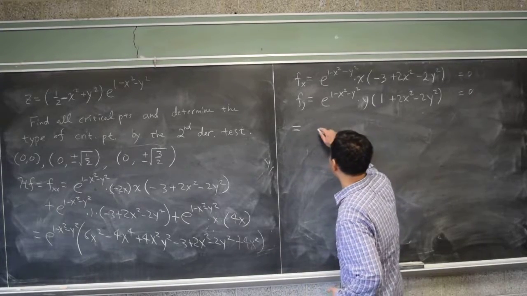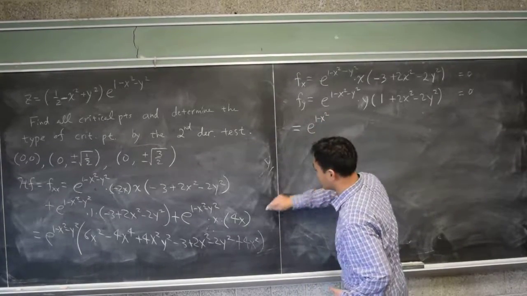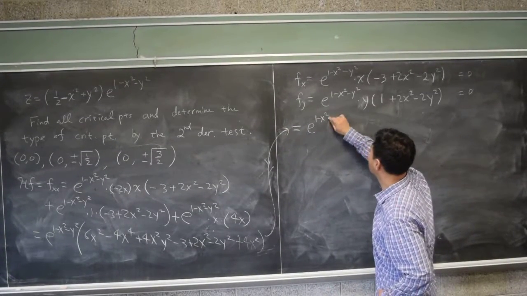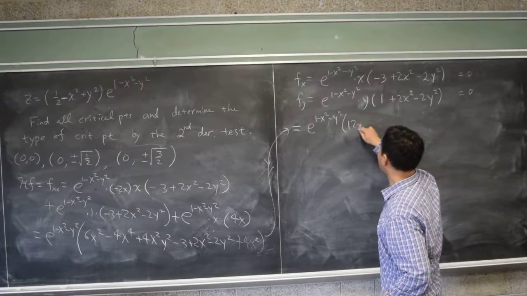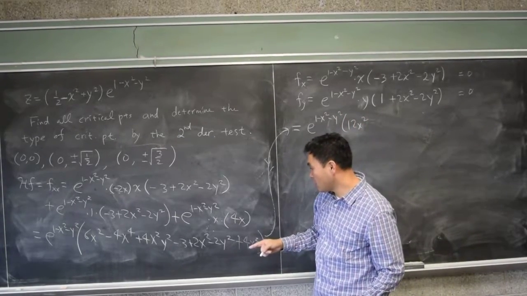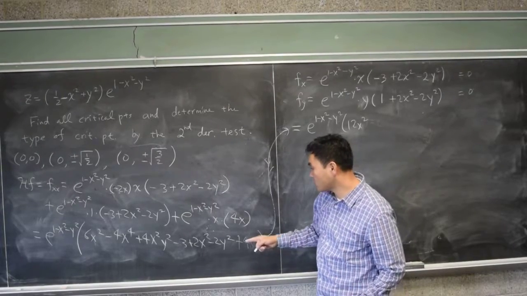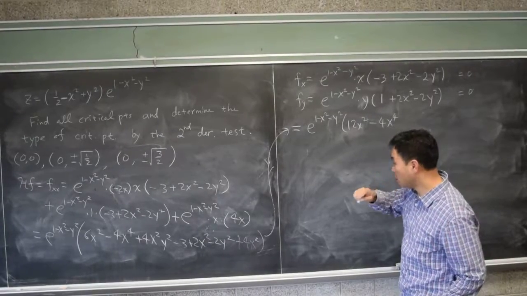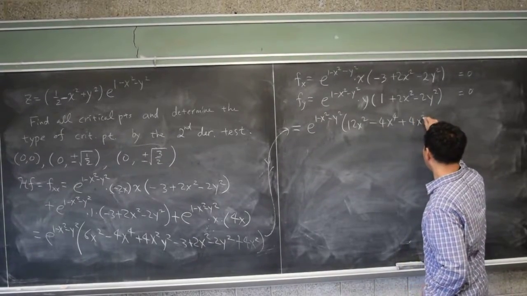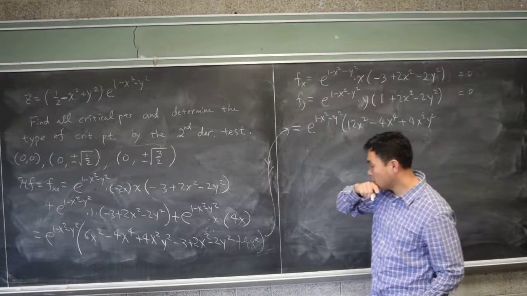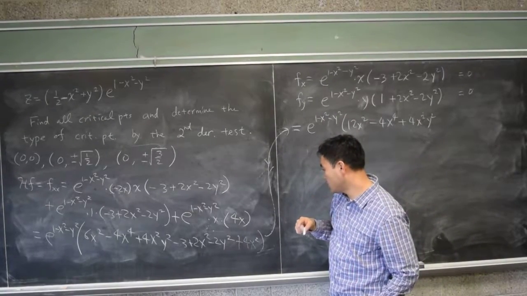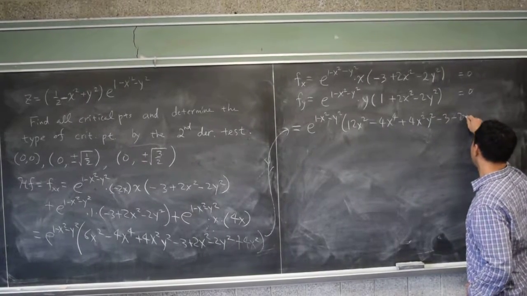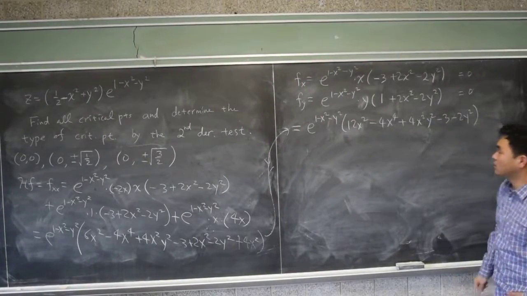That's 12x squared, right? 12x squared, and then you have minus 4x to the fourth, and plus 4x squared y squared, and then minus 3 minus 2y squared. All right.